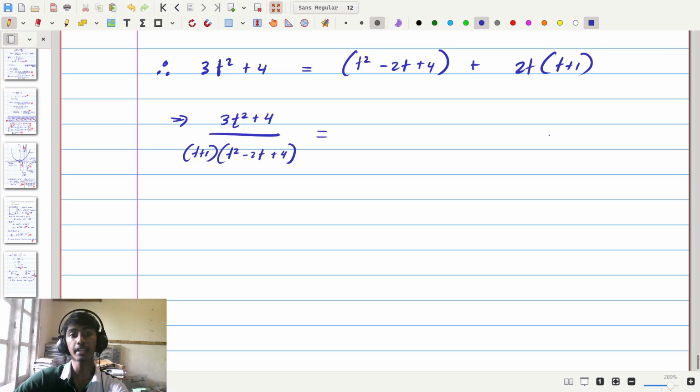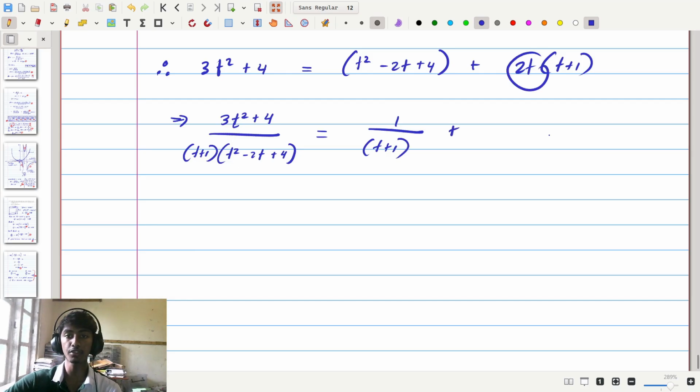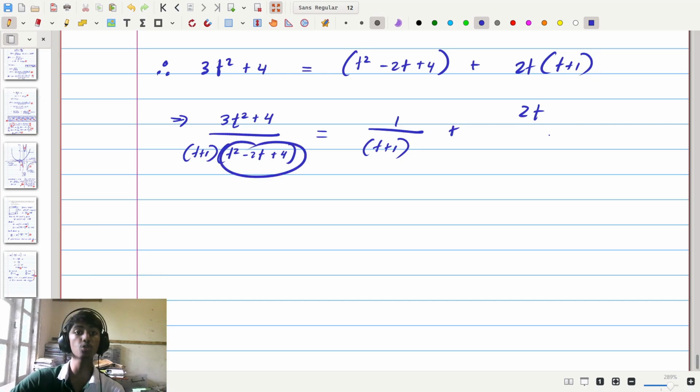Now considering the right hand side, when we divide, this thing is going to cancel for this, giving us 1 on top, but then we also divide by t plus 1, which means that this term is going to have a denominator of t plus 1. Now considering the other term as 2t, which remains as it is, we're dividing by t plus 1, so it cancels, but then we also divide by t squared minus 2t plus 4, which means we have 2t divided by t squared minus 2t plus 4.